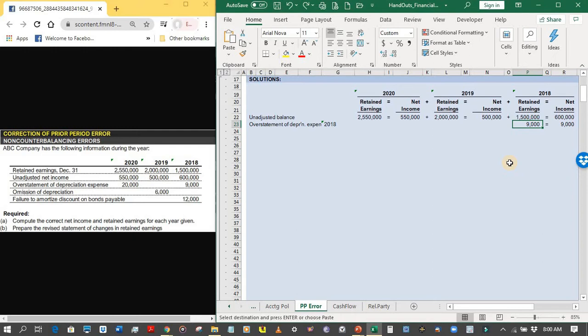So in order to correct the understatement of the retained earnings balances, we will add again 9,000 to the retained earnings in 2019 and 2020.